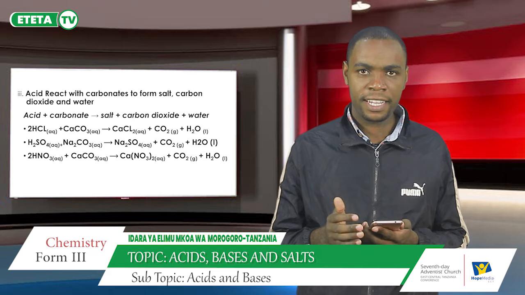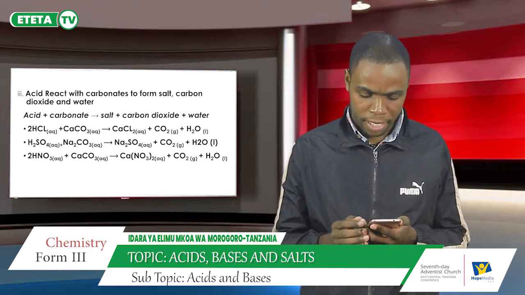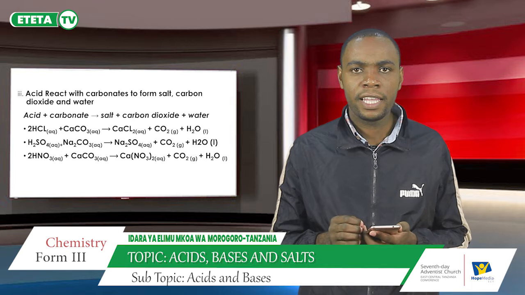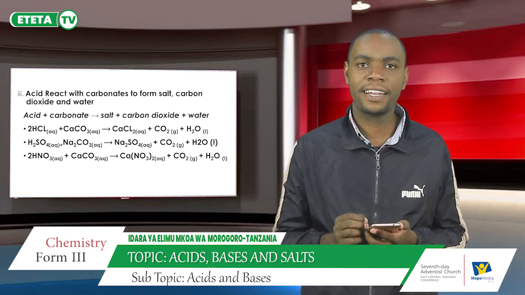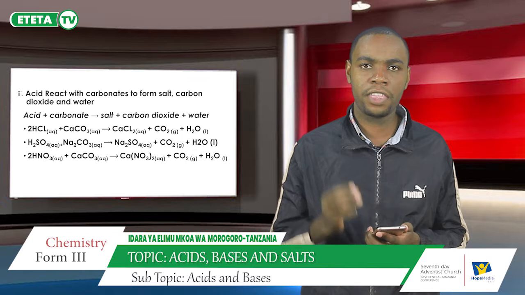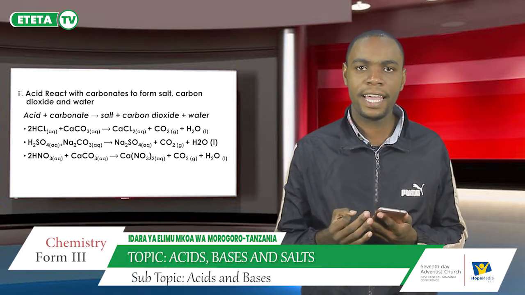Now the third chemical property is that acid reacts with carbonate to produce salt, carbon dioxide and water. Acid reacts with carbonate to produce three products, which are salt, carbon dioxide and water.